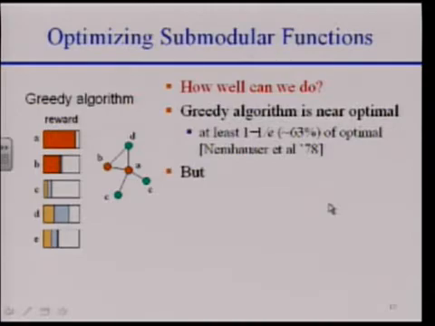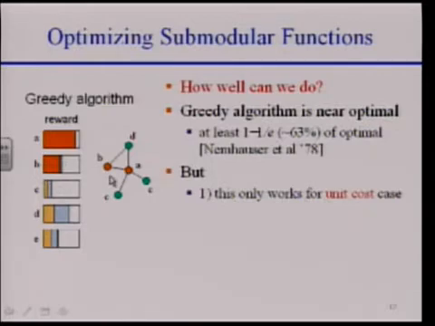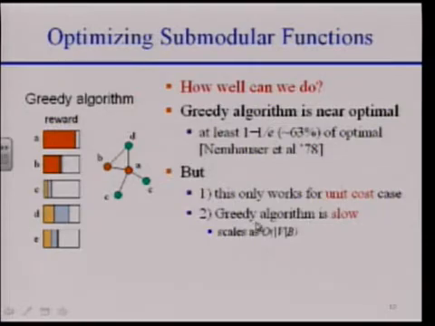But of course, there's still some price associated with this. In real engineering applications, this only works for the unit cost case. It doesn't scale very well, meaning that it can also be very slow. Of course, compared with exhaustively searching all the possible subsets, it's efficient.